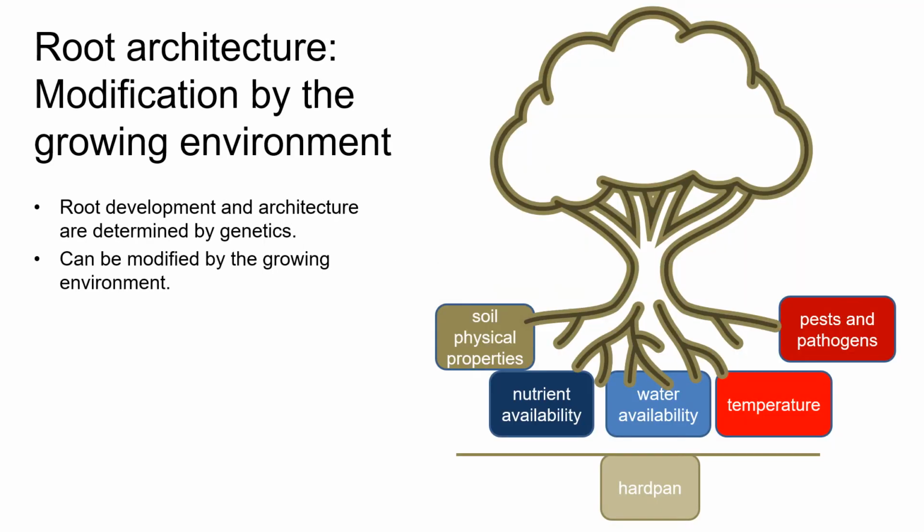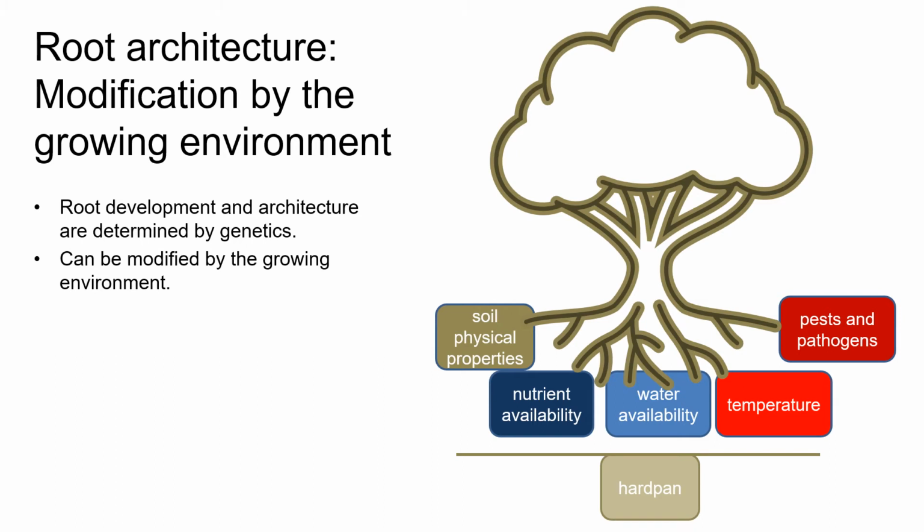Root development and the resulting architecture or structure of the root system are determined by a plant's genes. They can also be influenced, though, by the growing environment and by production practices in the nursery, both for the better and for the worse.